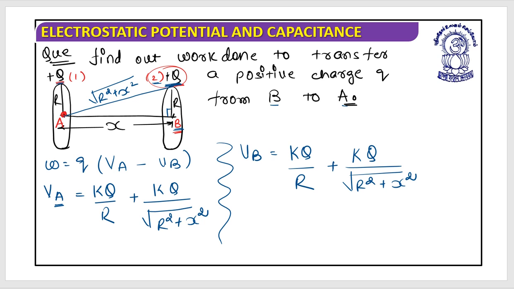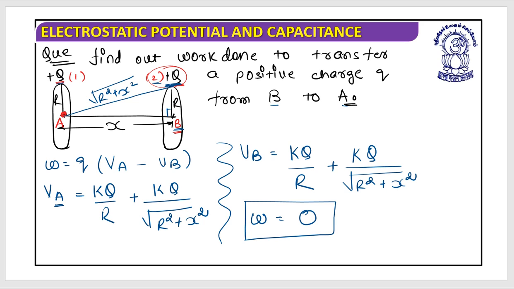If I look at the potential at A and the potential at B, they both are of the same value, and if they are of the same value, the work done required would be 0. Work done required would be 0 to shift a charge from one location to another location.